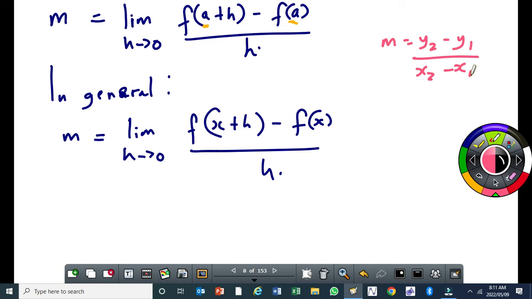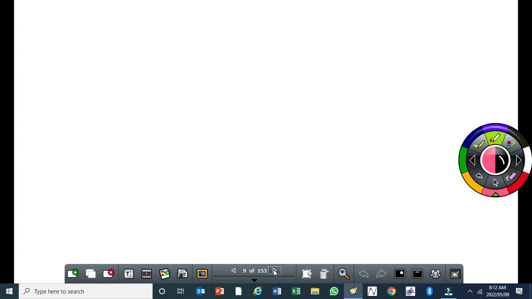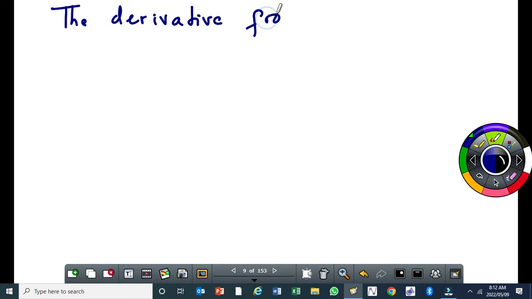So, from this formula, we then need to introduce a new concept, which is called the definition of a derivative, the derivative from first principles.